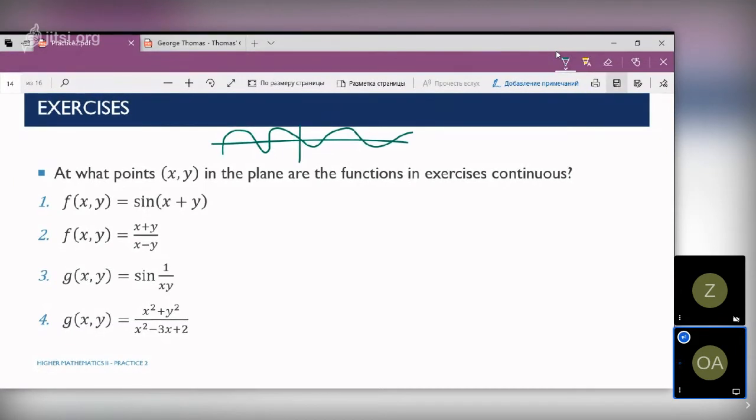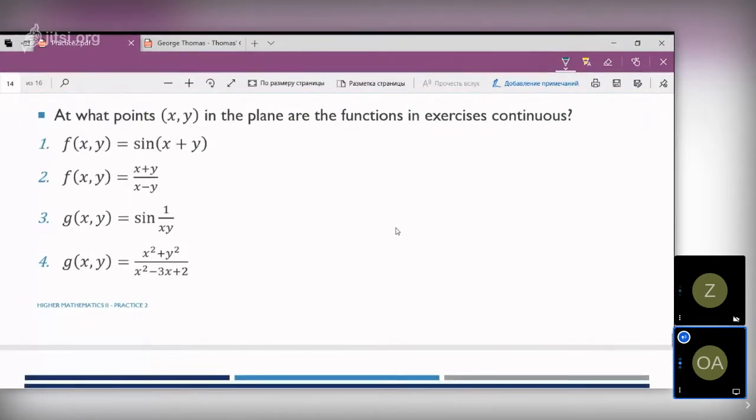Like this. It was continuous everywhere in the plane. It doesn't matter to its argument, here x and y. The first function is continuous everywhere in the plane.